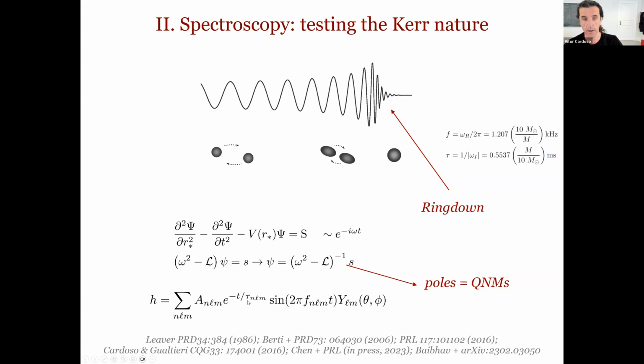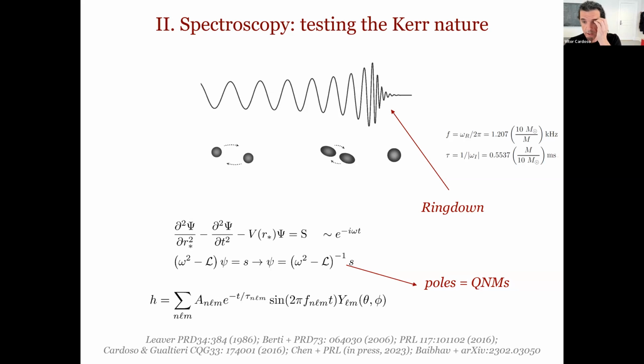So these relate to the time scale of your fluctuation, because you see, if omega is complex, the imaginary part will basically make your fluctuation damp out, and the real part will make it oscillate, okay? So the upshot of all of this is that at late times, your gravitational wave signal h should be a superposition of exponentially damped sinusoids, where we know this time scale tau and frequency f to 20 decimal places or more from perturbation theory. We know what we're looking for.